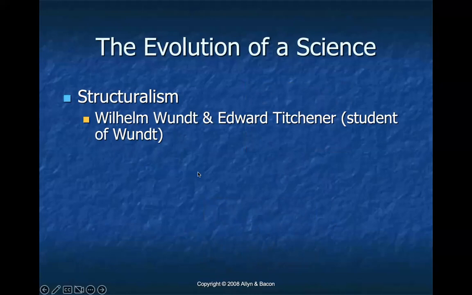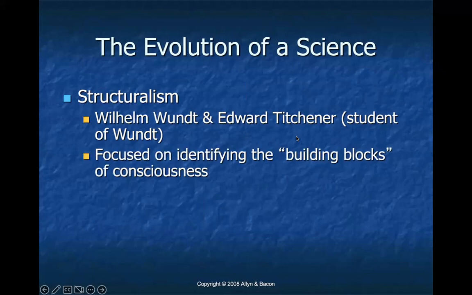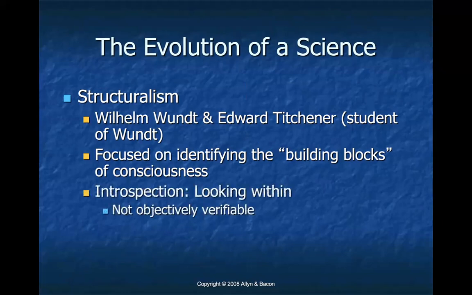Structuralism was Wilhelm Wundt and Edward Titchener, and their idea was to try to figure out what is human consciousness, what is going on, what makes us alive, and the way that we are. And they were looking at the very basics, like the building blocks. And how did they find out what people were thinking about and who they were?